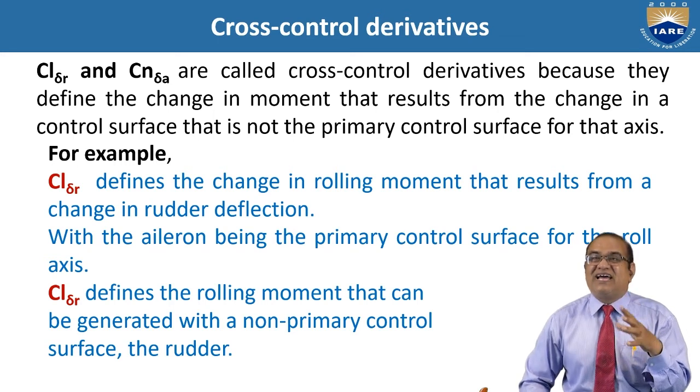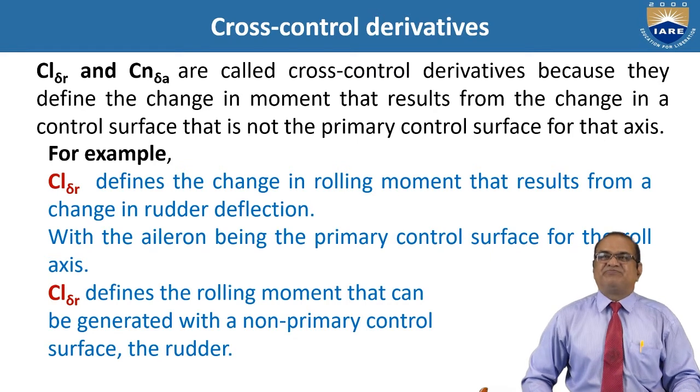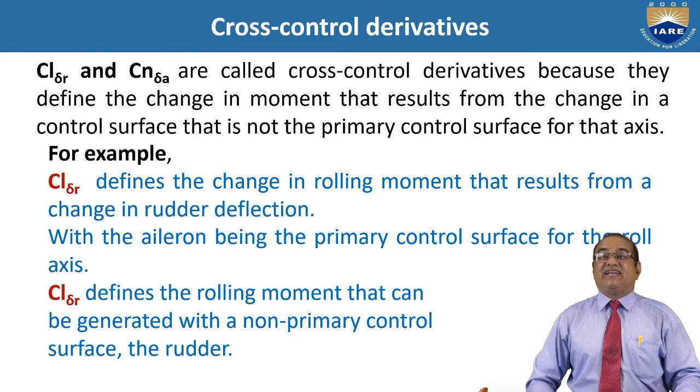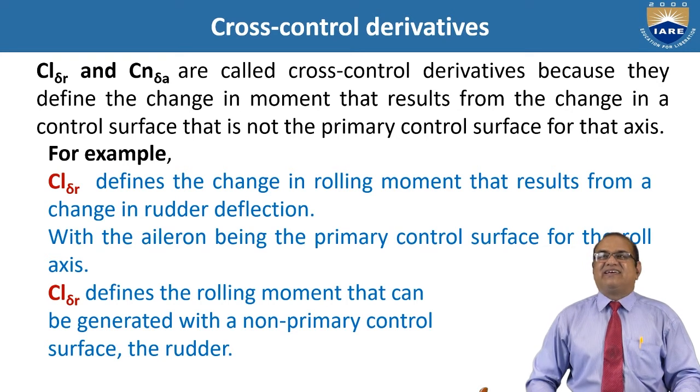They are called the cross control derivatives because they define the change in moment that results from the change in a control surface that is not the primary control surface of that axis.